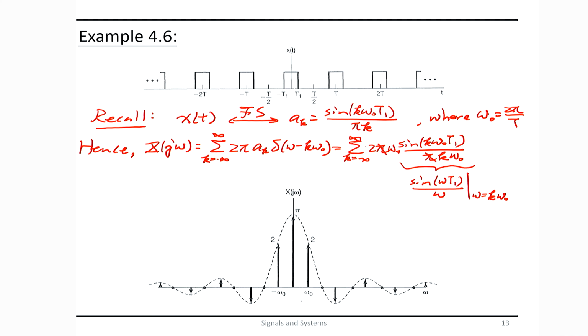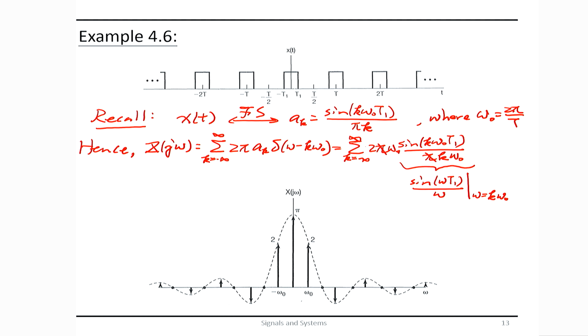By adding an omega naught in the denominator, I multiply it out here so that they cancel out. But with this, I can then treat this term as the sampling of this sinc function at integer multiples of omega naught.